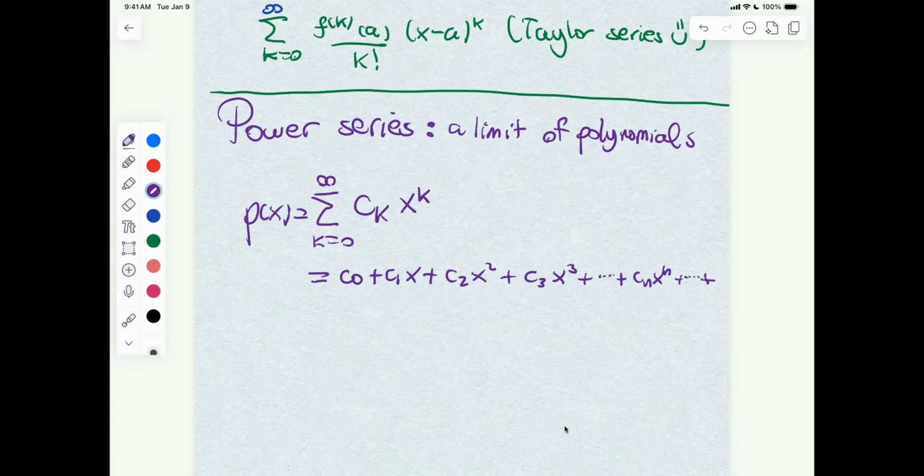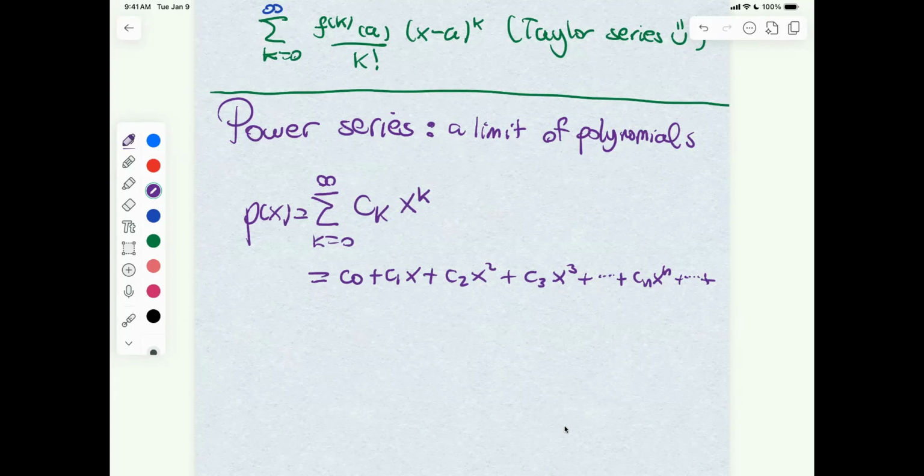So the C's here, you can think of them as the constants in front of the terms of x, which in the particular case from before involved the derivatives divided by the factorial. But this is a little more general, because here we're not thinking about a specific function. You just take any sequence of numbers, put them in front of powers of x, and hook it up into a series.